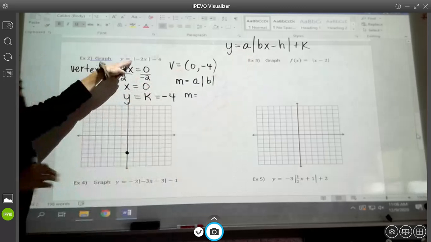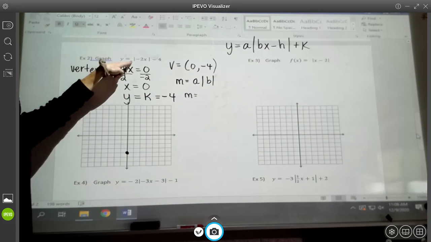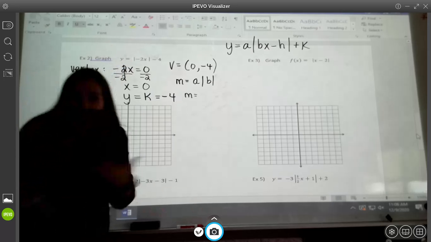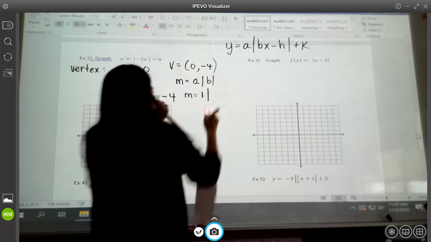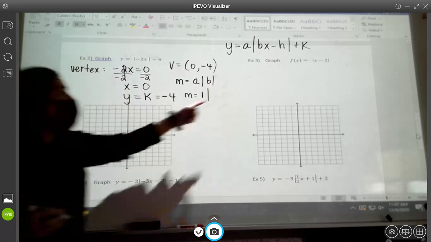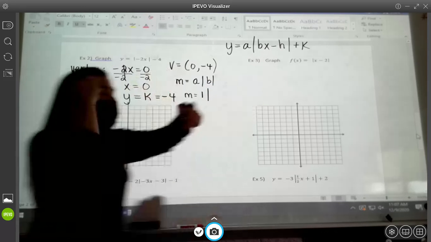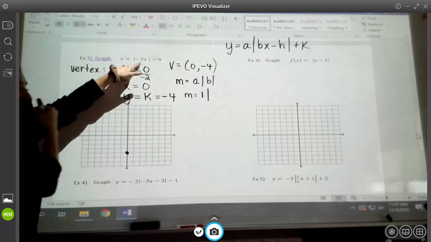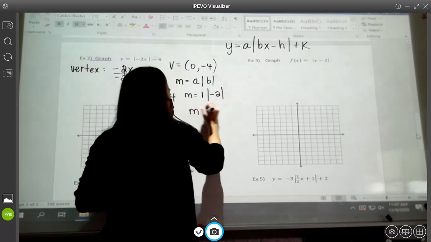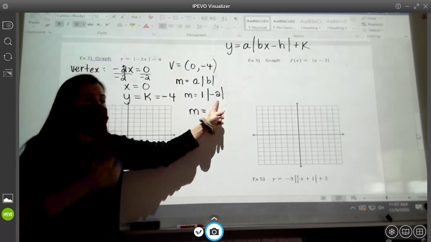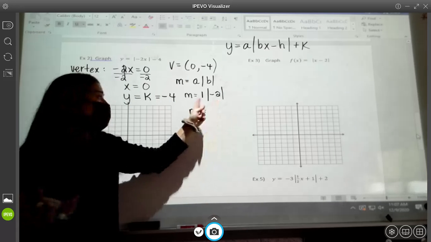B is always the number in front of x inside the bars. So who's b this time? Negative 2. So the slope will be, guys, who's the absolute value of negative 2? 2 times 1 is 2. The slope is 2. And then since we want it to be a fraction, throw it over 1. So there's your slope. That's your rise and your over slash back number, right?